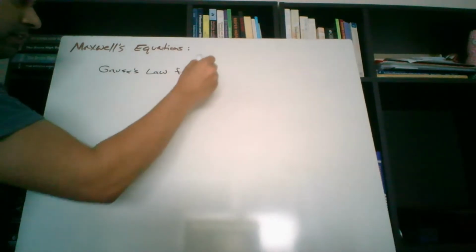The first one is easy. The first of Maxwell's equations is Gauss's law for electric fields.